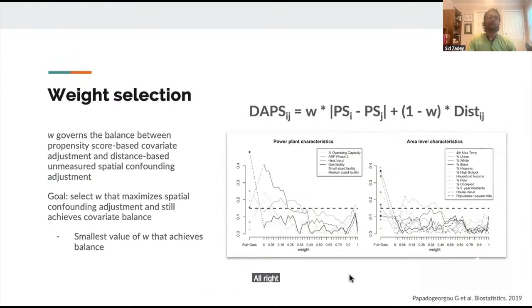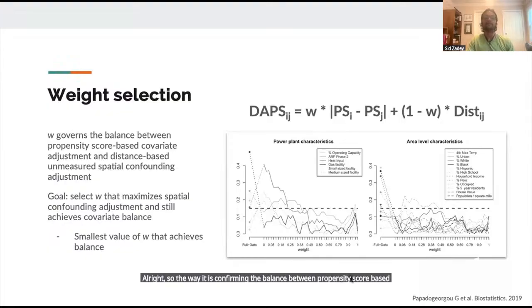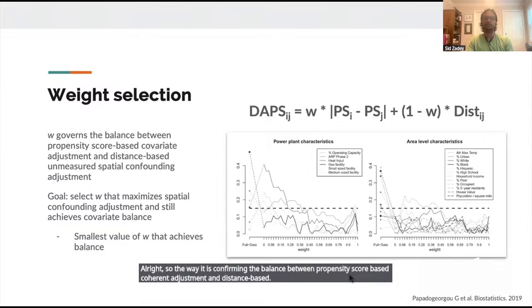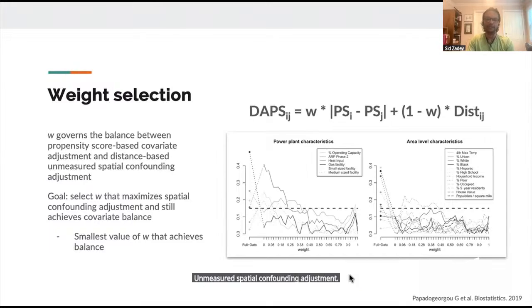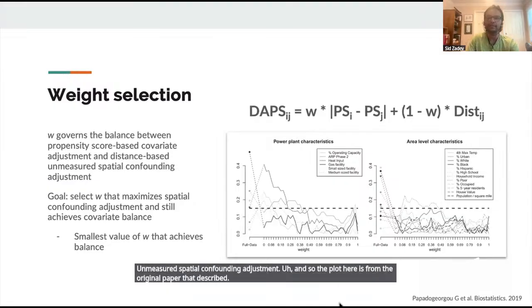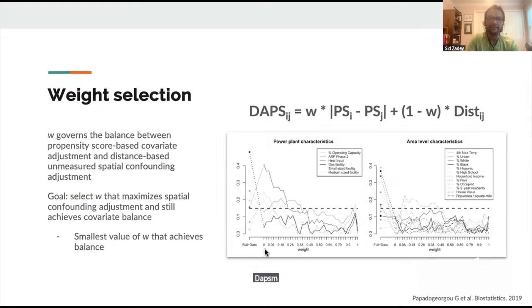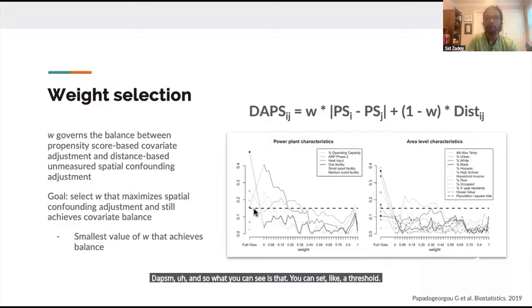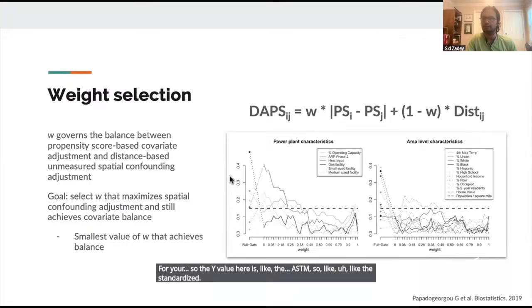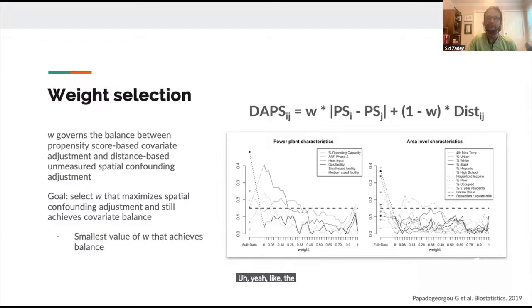Okay, so the weight is governing the balance between propensity score based covariate adjustment and distance based unmeasured spatial confounding adjustment. The plot here is from the original paper that described DAPSM. The Y value here is the absolute standardized difference of means, and the X value is the weight value.